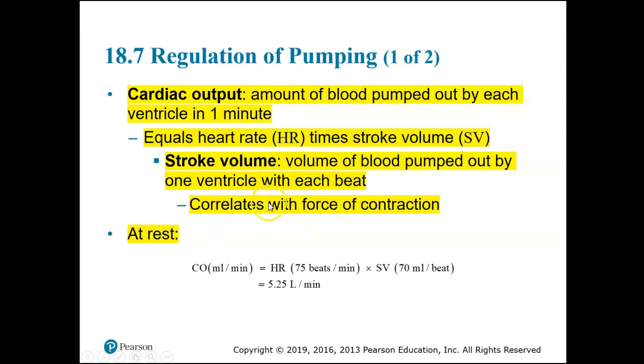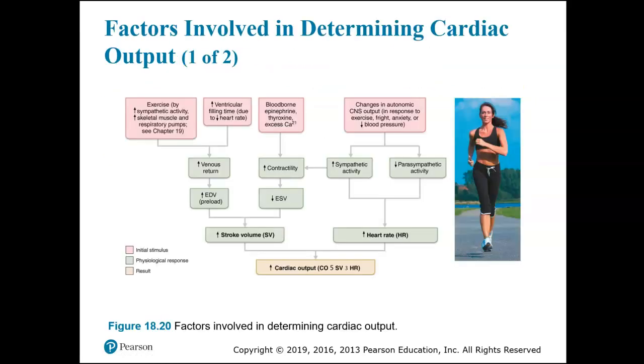So it'll be a larger volume when the force of contraction is greater. Now, at rest, the cardiac output is equal to 75 beats per minute heart rate times 70 milliliters per beat stroke volume, and that corresponds to a little over 5 liters per minute pumped.